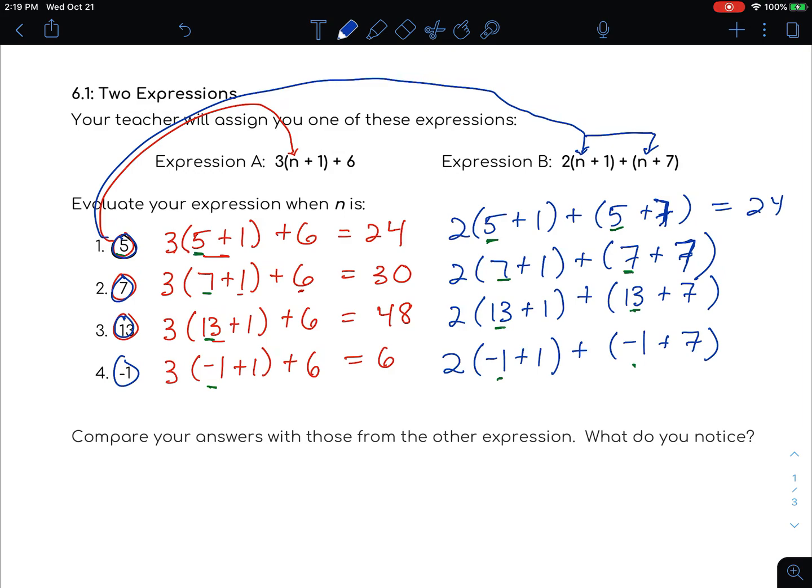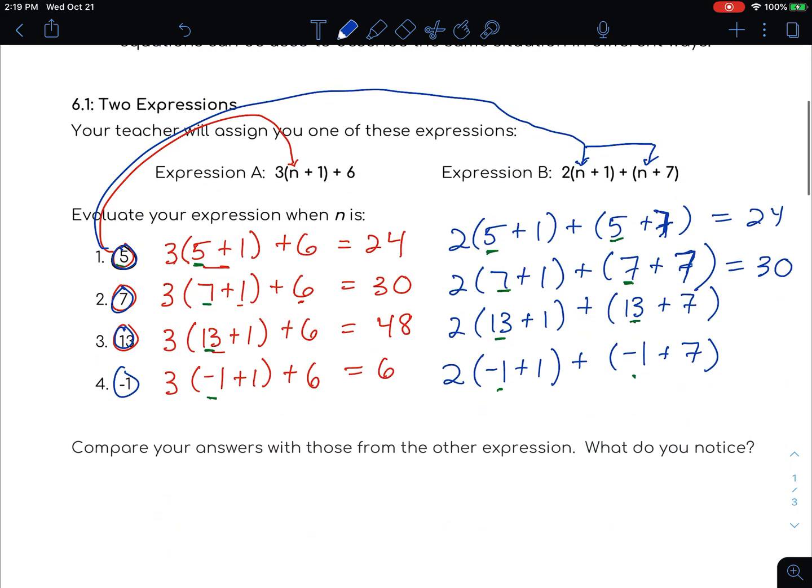So 2 times 8 is 16, plus another 14 would be 30. Third one, 13 plus 1 is 14. 13 plus 7 is 20. So 2 times 14 is 28, plus 20 would give us 48. And finally, -1 plus 1 is 0. -1 plus 7 is 6. So 2 times 0 is 0 plus 6 is going to be 6.